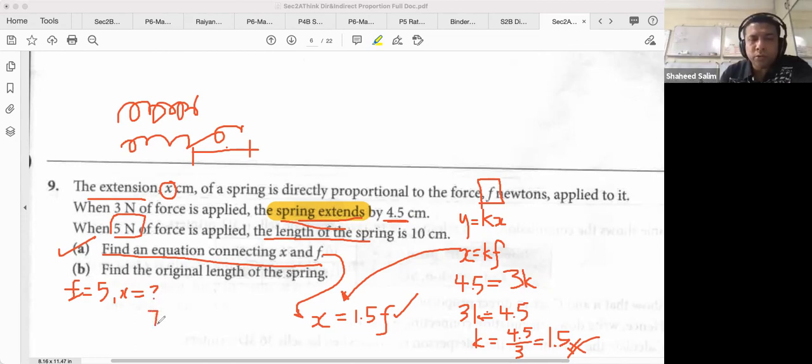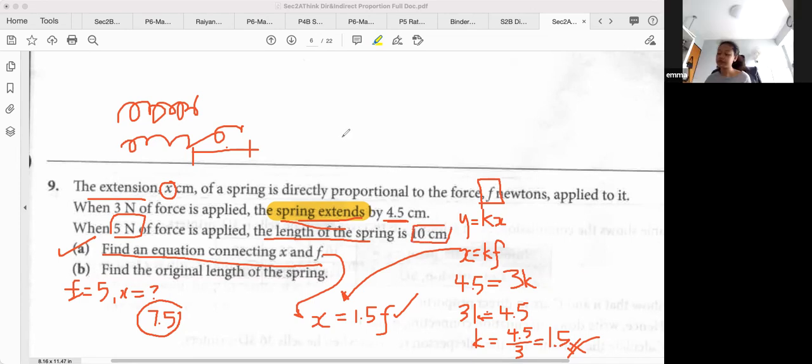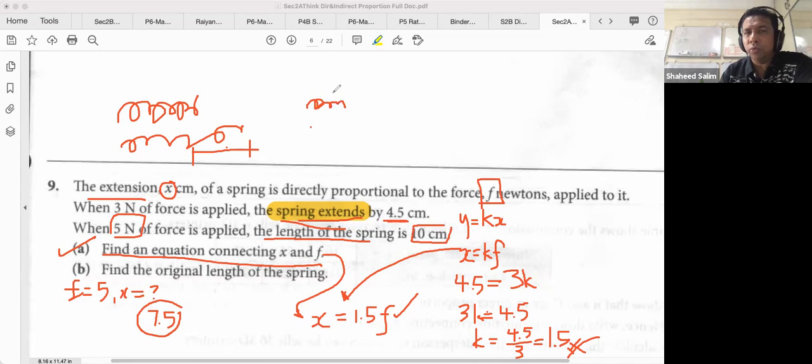Good. So this is 7.5. That's the extension. So when they put 5 N, they say the whole length is 10 cm. So what's the original length? The original length we do not know, but when you put 5 N, it increases by 7.5, the extension.